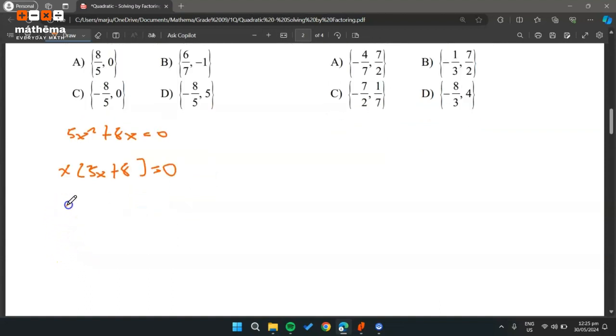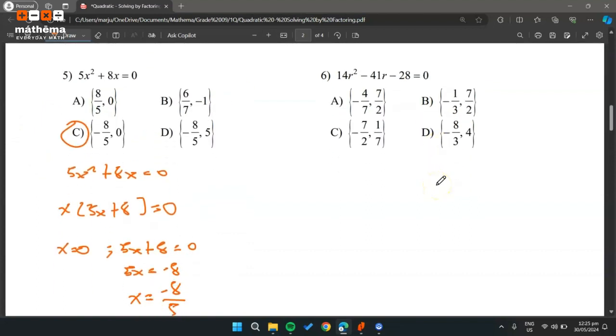So we will do x equals 0, and then the other one will be 5x plus 8 equals 0. This is just 5x equals negative 8. X is equal to negative 8 over 5. So that is just letter C in the choices. Negative 8 over 5 and then 0.